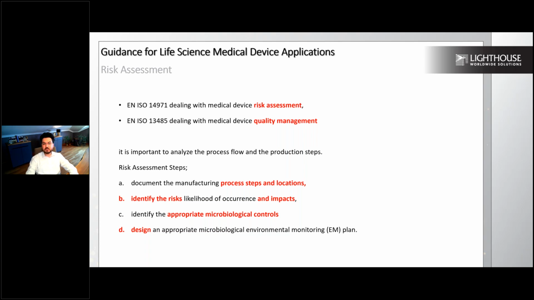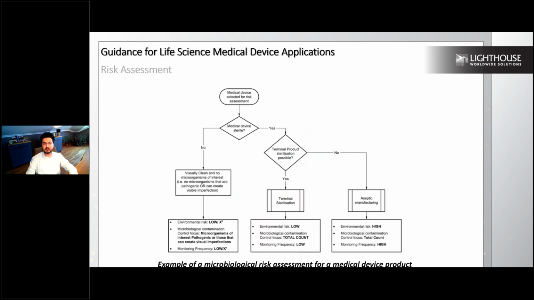So these risk assessment steps are quite similar to the first part, where we also gave the summary of this risk assessment. But there is one table that comes with the annex of this part, giving you an example of microbiological risk assessment for a medical device product.